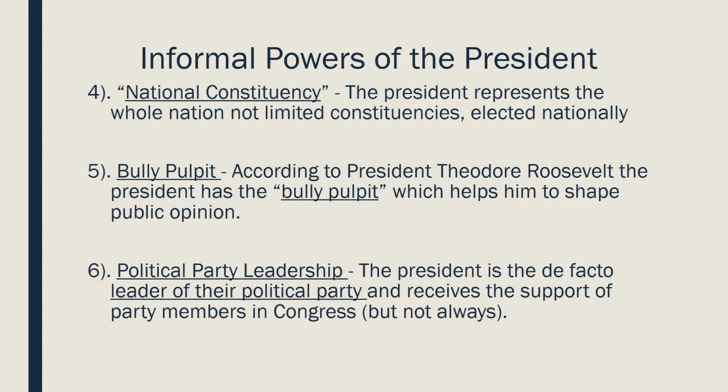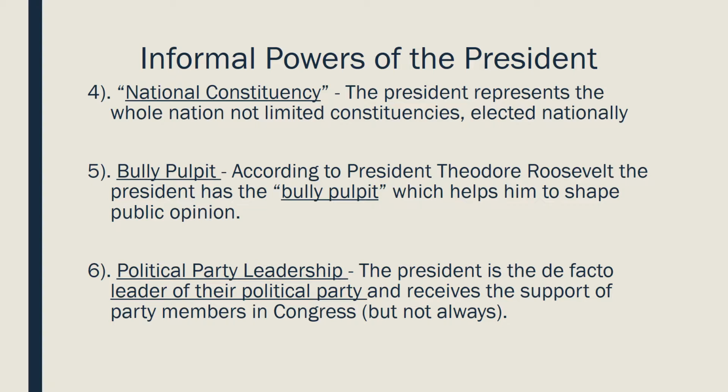Another informal power of the president is that the president is said to represent a national constituency. The office of the presidency is the only one in our country that is elected by the whole nation. Senators represent individual states. Members of the House of Representatives represent individual constituencies.